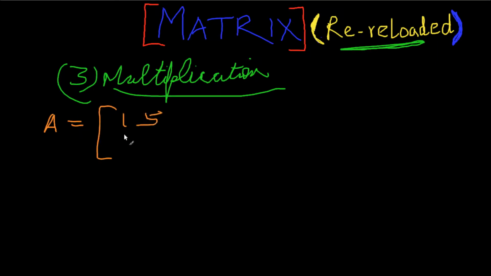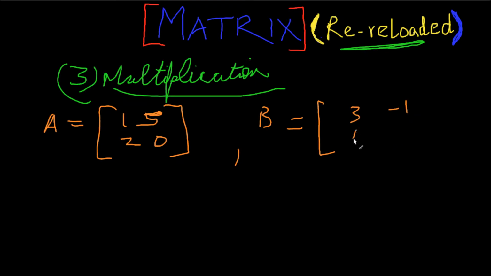You can come up with numerous examples if you want to practice. Just make the requisite demands meet and perform multiplications in your copy. B equals 3, minus 1, 4, 6.